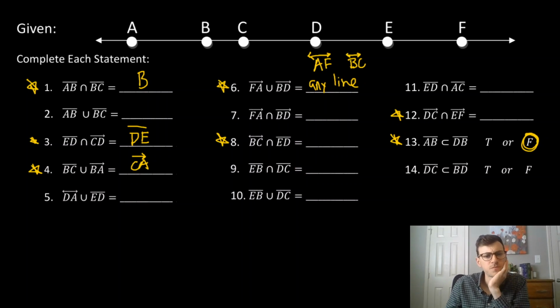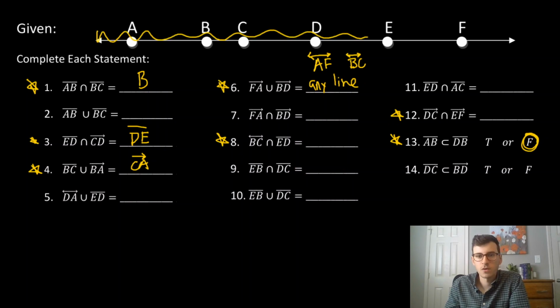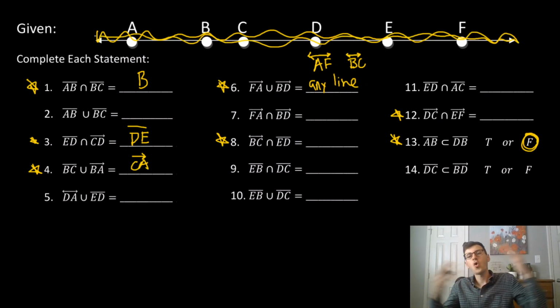Okay, two more. What about line BC intersected with segment ED? So line BC, remember, a line is everywhere, right? Not a line segment, but a line. It's infinitely long, that whole set of points.